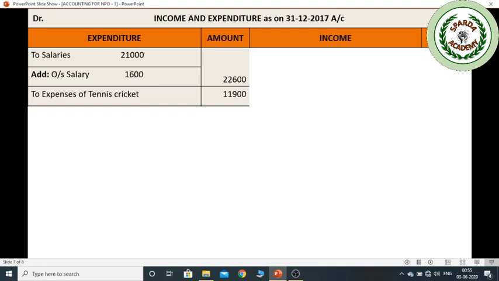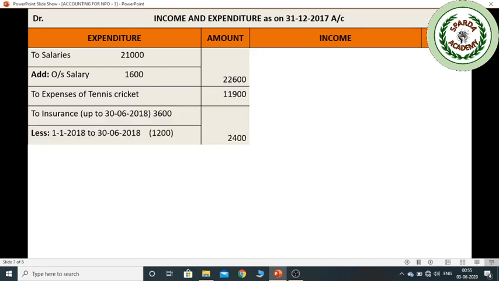Then again a revenue item, expenses for tennis and cricket, okay, 11,900. Insurance up to 30th 6 2018 is 3600. That means for 18 months it is 3600, but we have to write for the 31st December 2017. Apart from that, that is advance, that must be deducted here. See, I have written 1/1/2018 to 30th 6, that is 6 months.